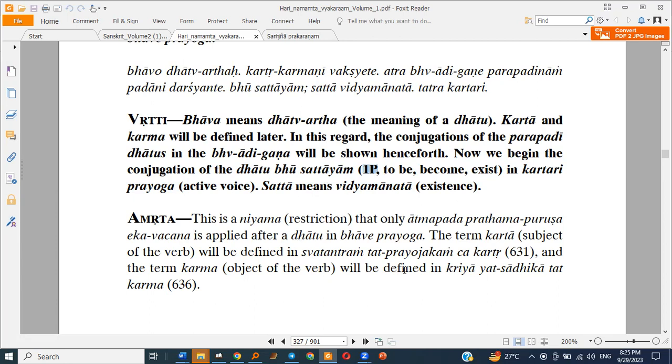P stands for the dhatu being Parapadi. So this Bhu dhatu is a Parapadi dhatu. So that is 1P, and then the different meanings it is employed in are given: to be, to become, to exist. Okay? Is it clear, this pattern of dhatu?